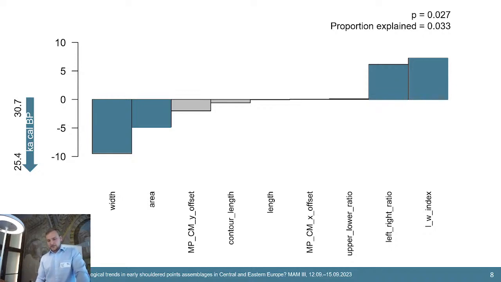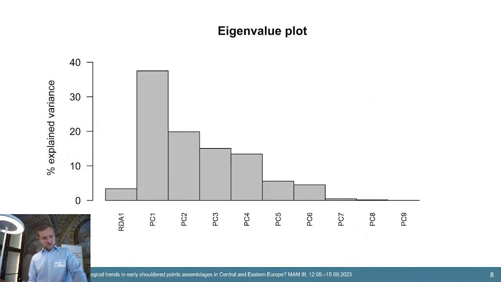The result is weak, as only about 3% of the data scatter is explained by time, but it's significant. So, in simple words, all differences between the artifacts regarding length, width, area, and so on can only be related to a small amount of the differences between the assemblage dates.